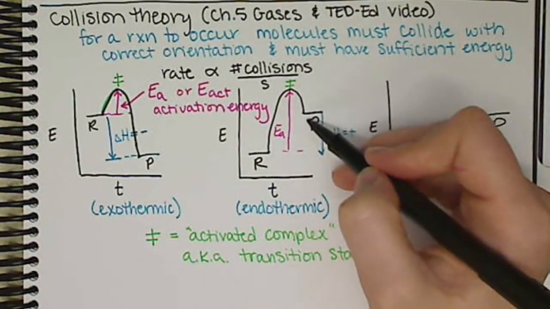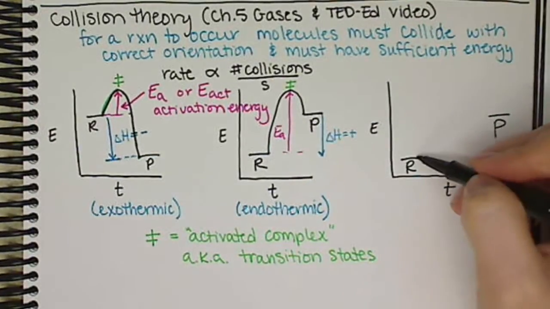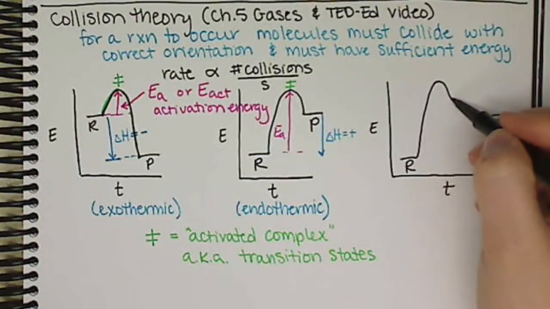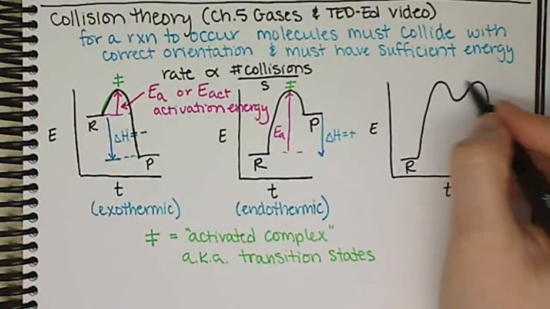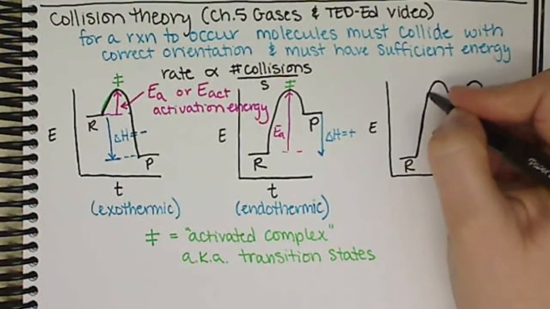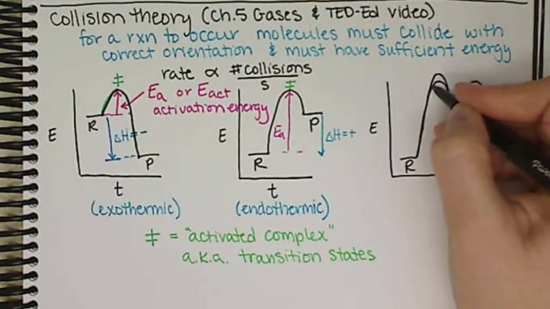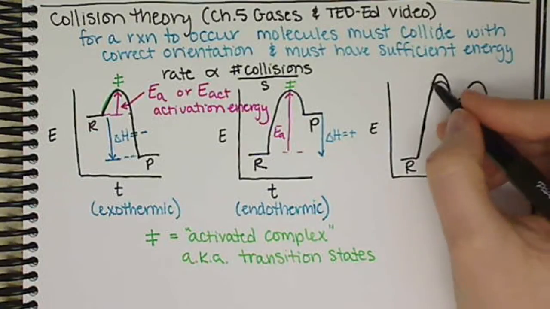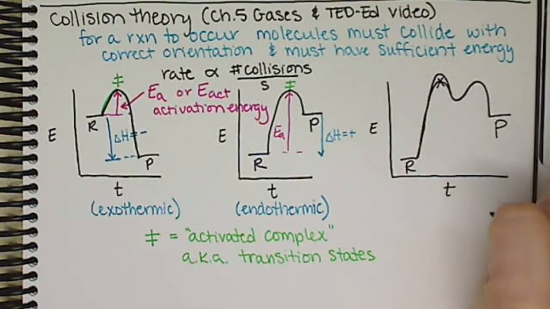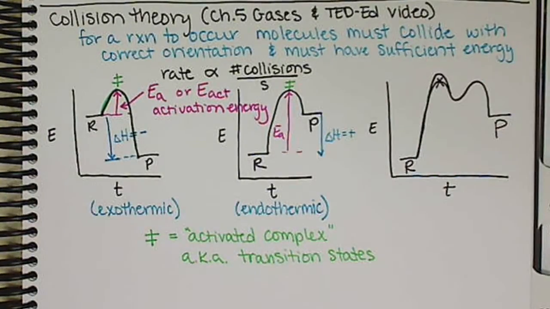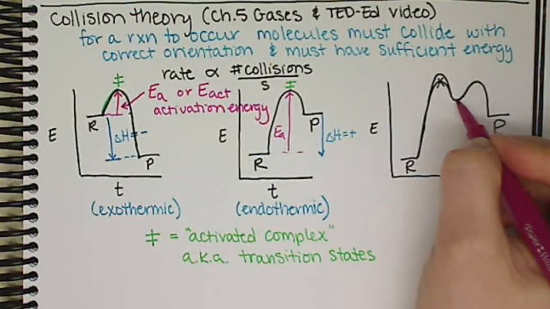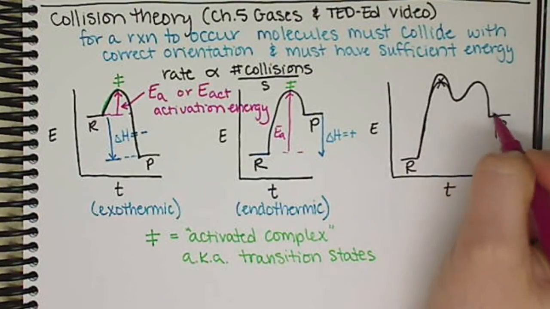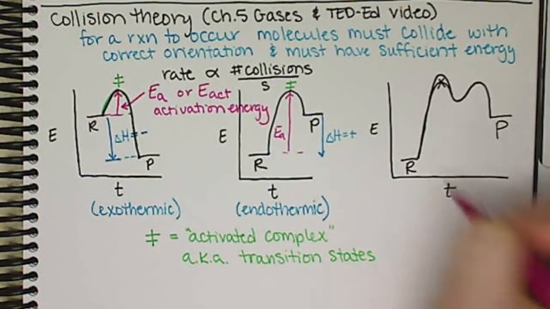Instead of just having one hill to get over, we could have two. And they may not be the same energy. Actually, let's make one higher. So now we have this larger hill that we have to get over, and then a smaller hill to get to our products.